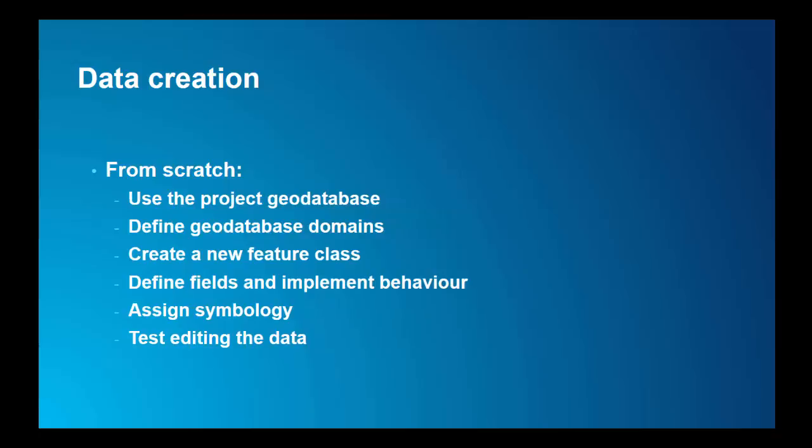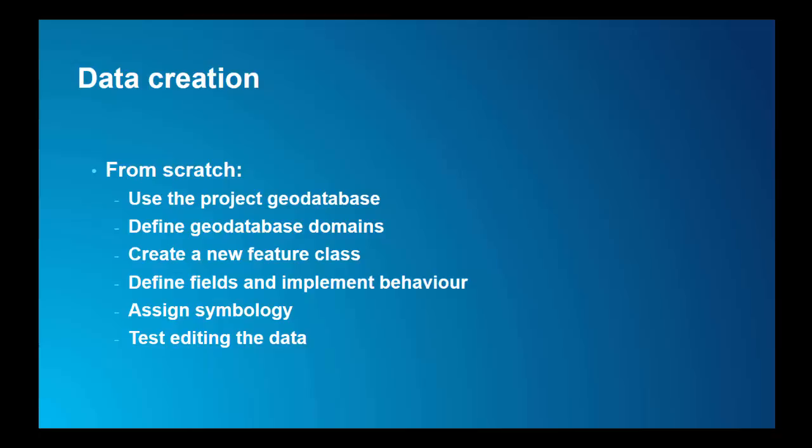Diving in a little bit more to the data creation side, here are some common steps to follow, or really just things to remember when starting from scratch, specifically in ArcGIS Pro. So we know that we're going to be using the file GeoDatabase that's part of the project.